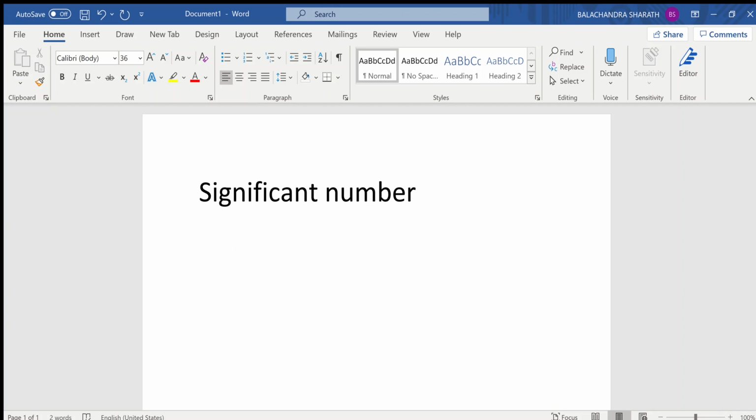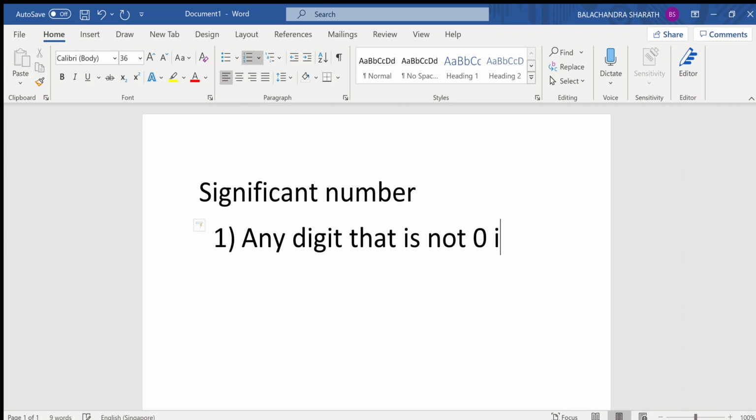Let's go through again. So the first rule is that any digit that is not 0 is always significant.